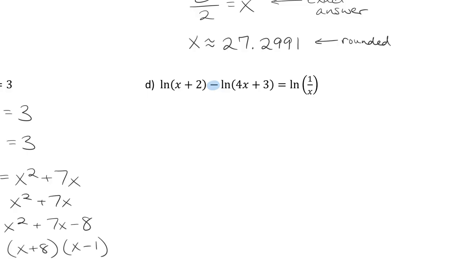Look at your orange sheet. Divide is correct. So that means on the left side of this equal sign, your logarithms will condense down to 1 by putting x plus 2 in the top and 4x plus 3 in the bottom.